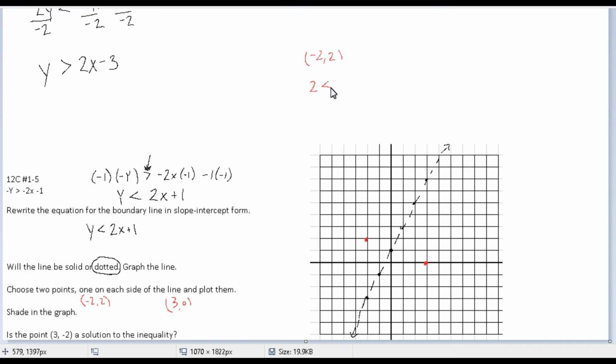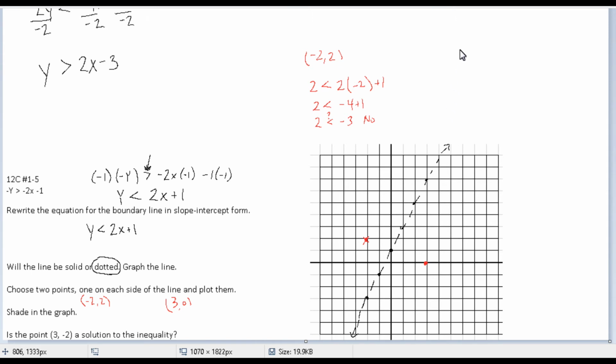Is that less than 2 times my x, which is -2, plus 1? So is 2 less than -4 plus 1? -4 plus 1 is -3. Is 2 less than that? No. This one is false. So it's not going to be this one over here.